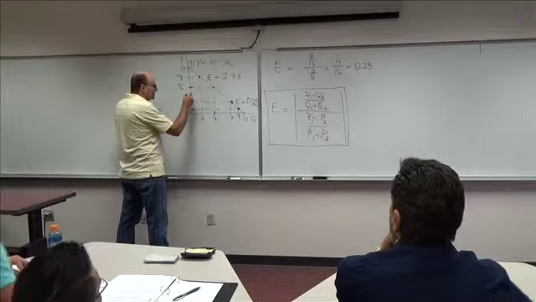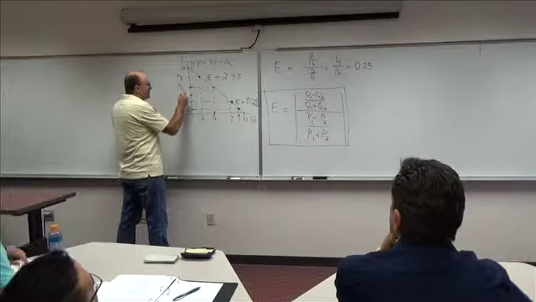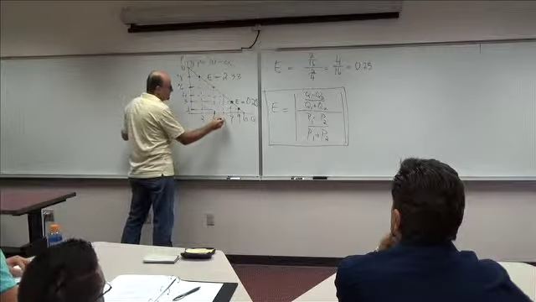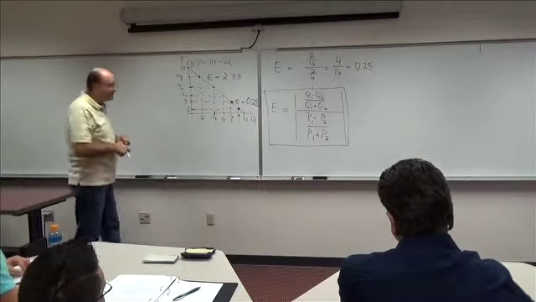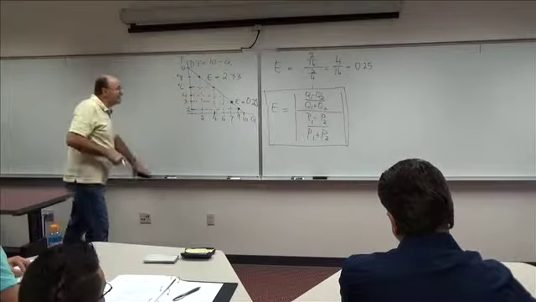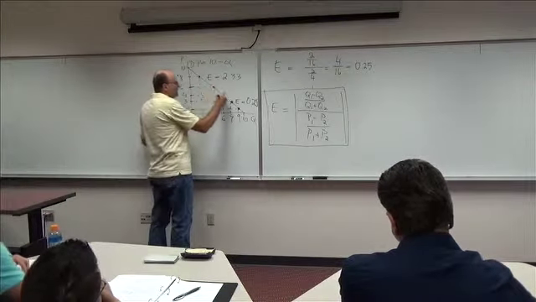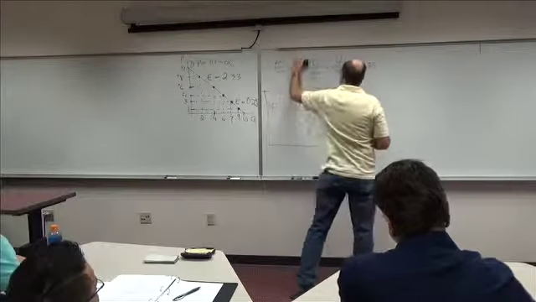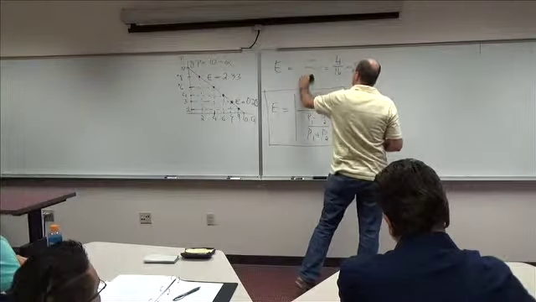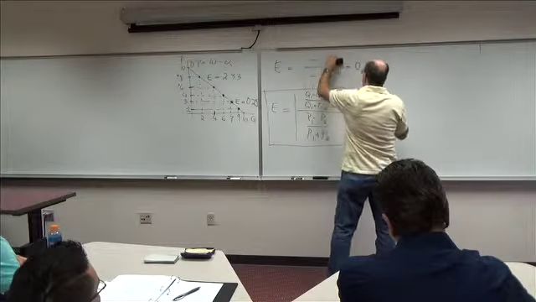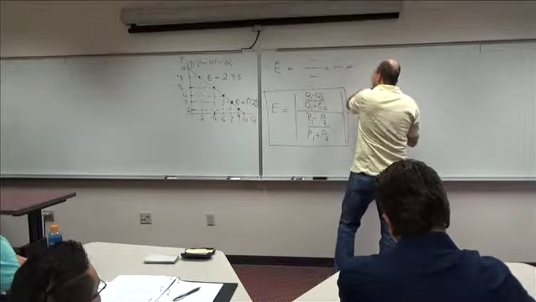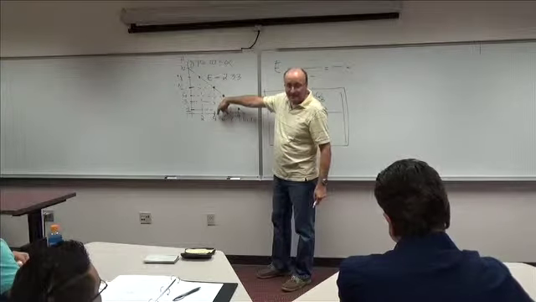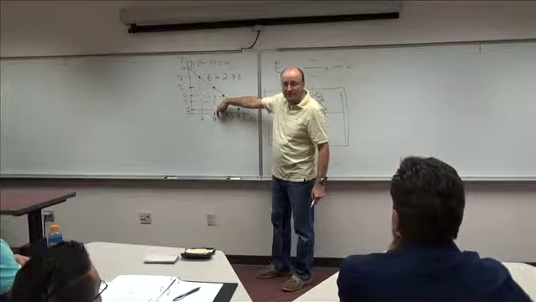Let's add price 4 and corresponding quantity 6. Okay? And let's find out what the elasticity would be at this segment. If we take the two quantities, 4 and 6, what's the difference? 2.